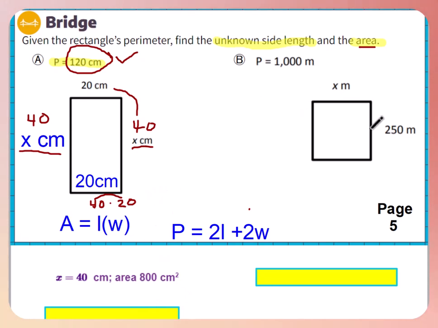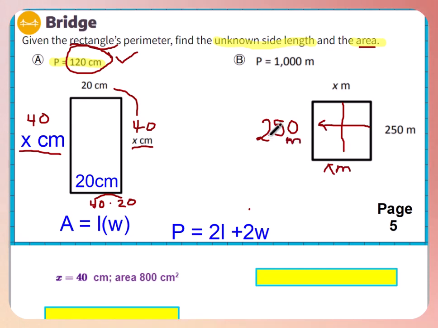All right, the opposite sides, because it says that we have a rectangle. Now a square is a rectangle, but a rectangle is not always a square. We know that opposite sides are congruent. So I'm going to put the measurement 250 meters this time. Okay, and then opposite of the x meter is another x meters.